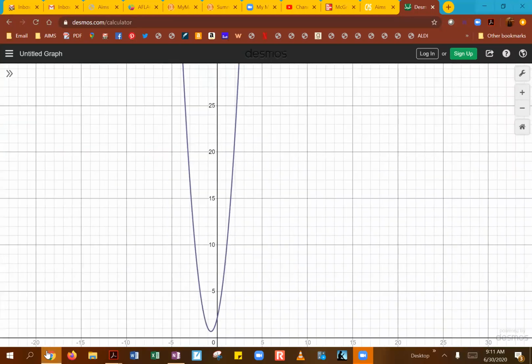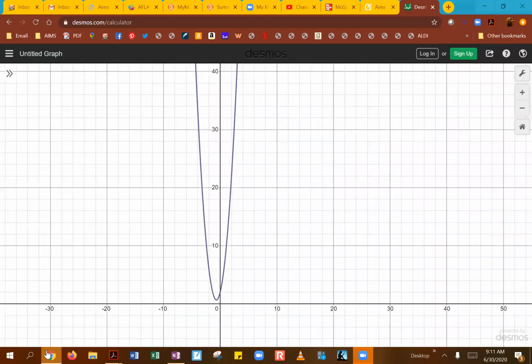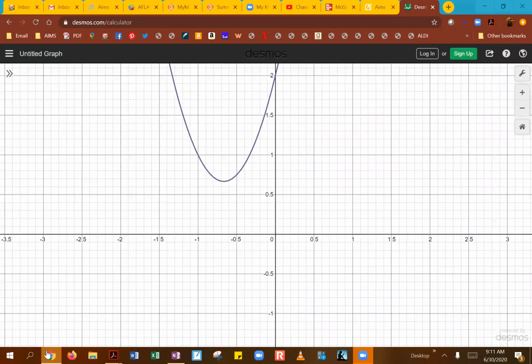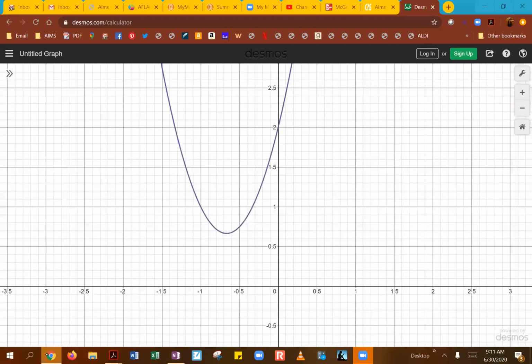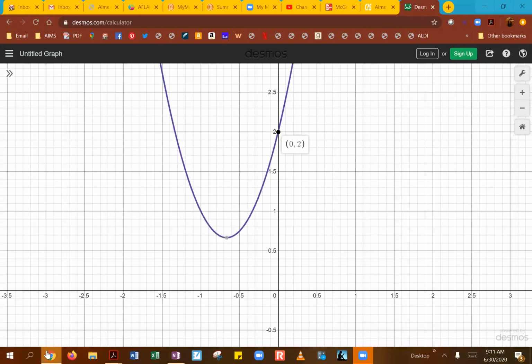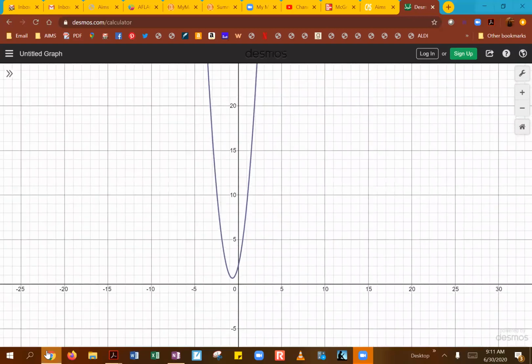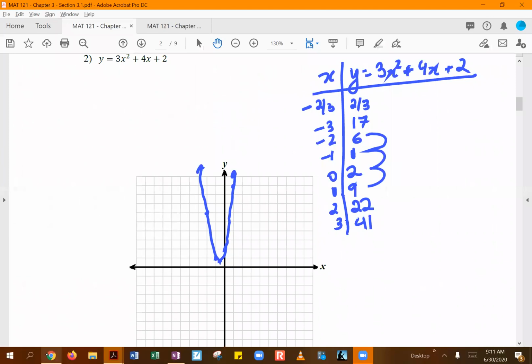And again, you will notice the two graphs are overlapping, but you can see if we zoom in, that lowest point on our graph is that negative 2/3 and positive 2/3, because that's how our transformation was happening. And then of course our y-intercept is at 0, 2 over here. So this is what this graph ends up looking like. Like I said, plotting the point negative 2/3 and positive 2/3 is going to be a bit of an estimate, but you would still get an idea.